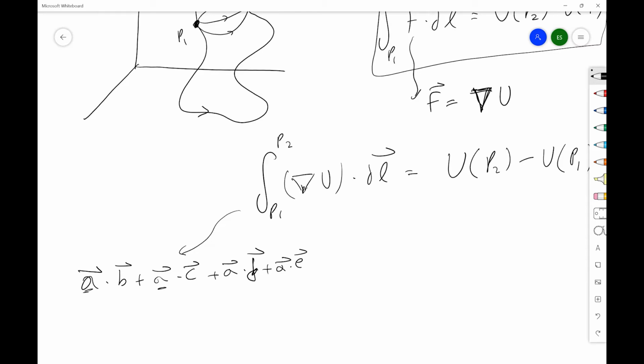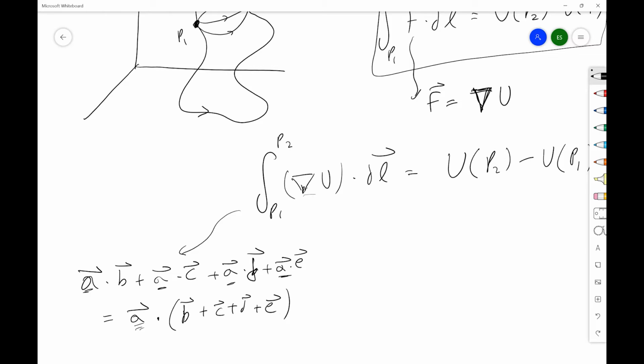A is a common term, right? So from the linearity property of the dot product, I can write this as A dot (B plus C plus D plus E). The dot product gets distributed over addition. Summation, integration, is a kind of addition, right?